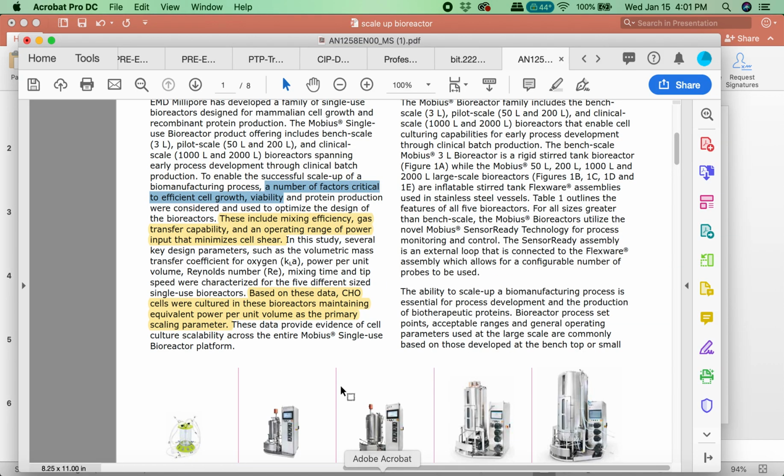So you can start your answer by saying, to enable successful startup, a number of factors are critical to efficient cell growth and viability.